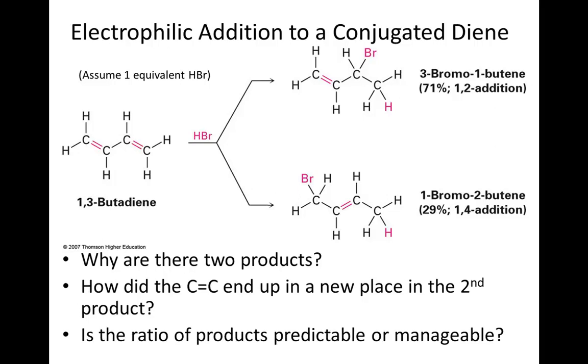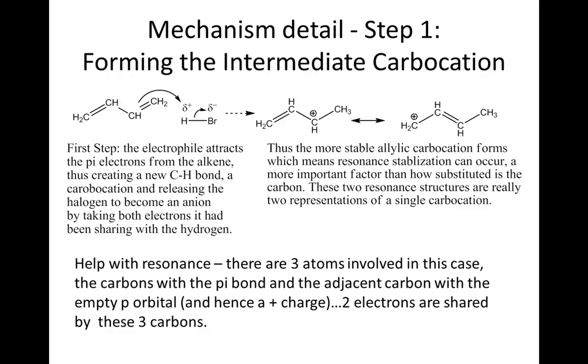And also, you notice that we have a product mixture, and we're interested in, is there any way to manage that mixture? Is it just a hopeless kind of situation? So in order to understand that, we need to think about the mechanism. If you think about it working just like a plain old isolated double bond, and go back to what we were talking about earlier, the pi system reacts with the electrophilic end of the HBr, the hydrogen with the positive character, spits out the bromine anion, and you get this carbocation.